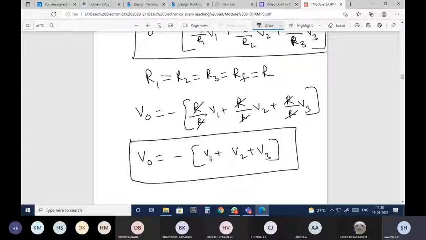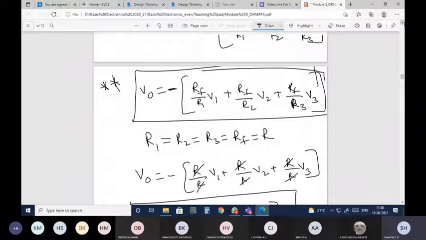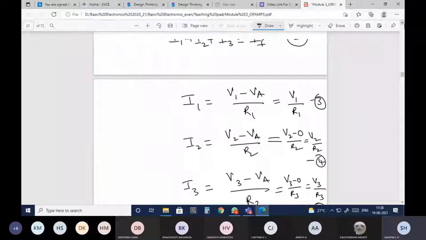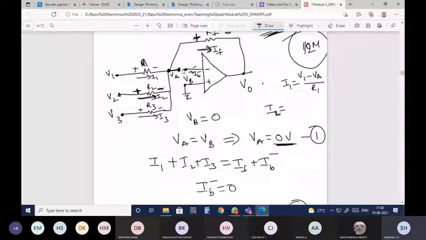This is the final equation. You may ask me one more question. Ma'am, this addition is fine. Why are we getting a negative sign? We are getting the negative sign because if you observe the circuit, V1, V2, V3 are connected to the inverting terminal, and the non-inverting terminal is grounded.